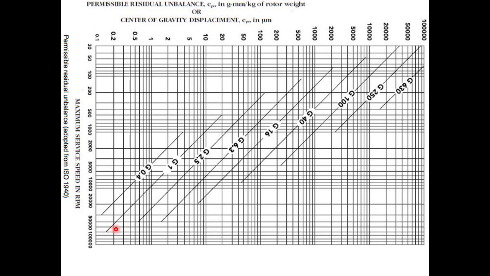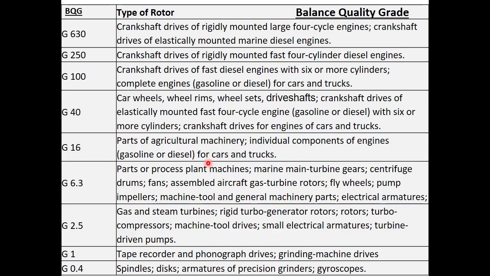That is given by this curve, and here this G, some number is there. They are the grade of tolerance, grade of balancing. What does it indicate? So different grades are required for different applications.